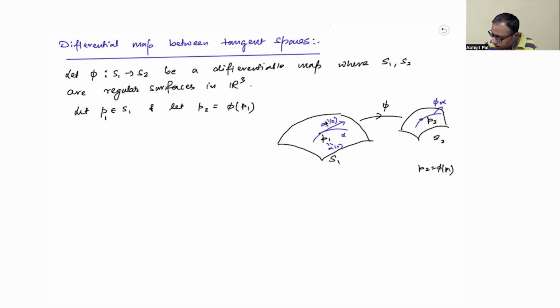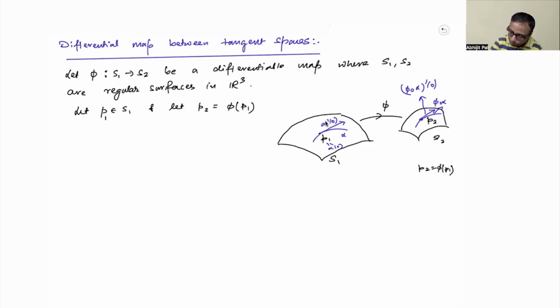And you take this tangent vector, this phi compose alpha prime 0. So this vector is phi compose alpha prime 0. Okay. So that is my definition of differential of this phi.